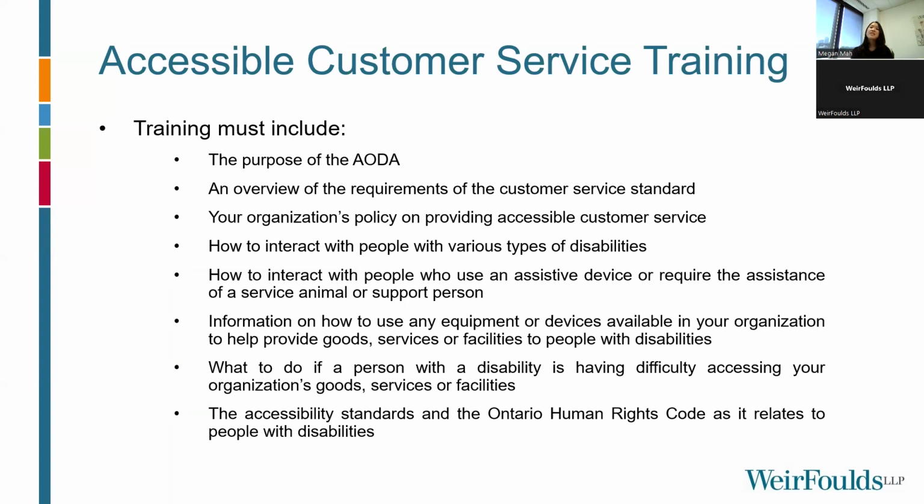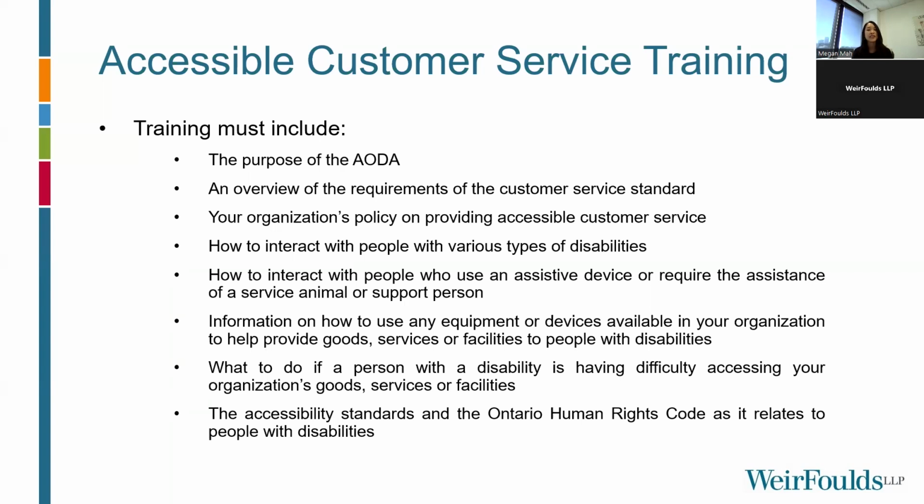So in general, staff should be trained on areas of accessibility standards that are relevant to their work responsibilities. And again, as I mentioned, this could vary depending on that individual's job description. So for example, an HR manager may require different and more comprehensive training than a cashier might, particularly given that an HR manager may be dealing with, for example, requests for accommodation from employees or requests for accommodation from customers.